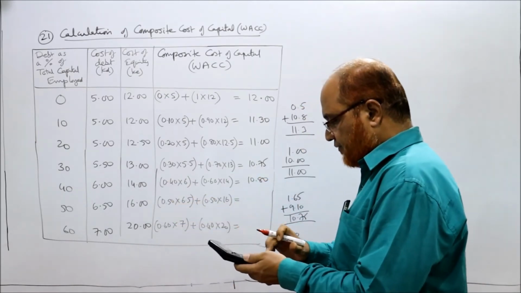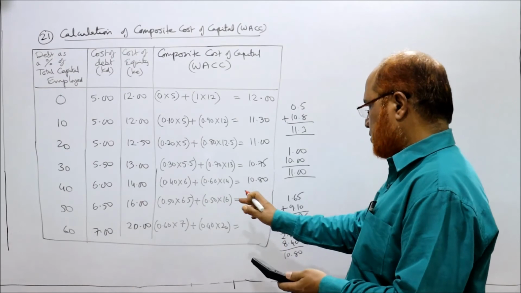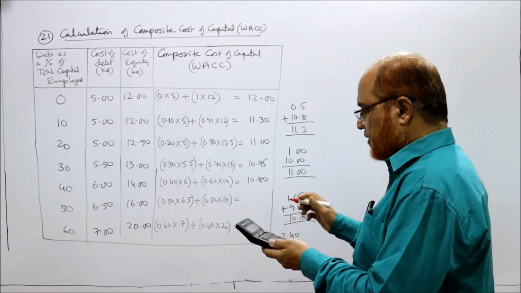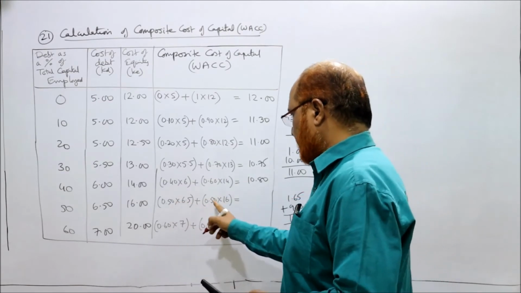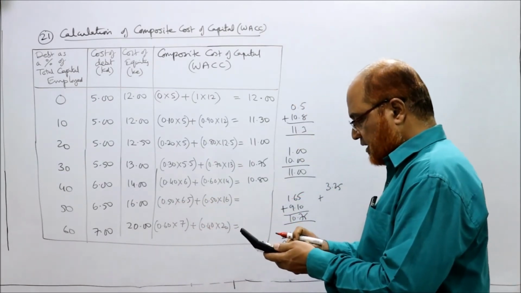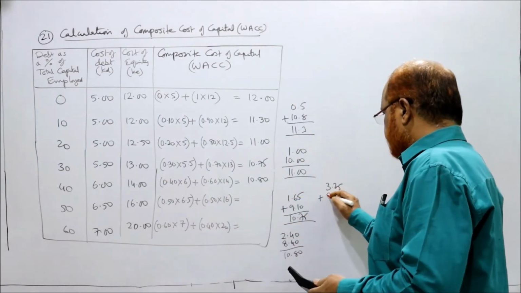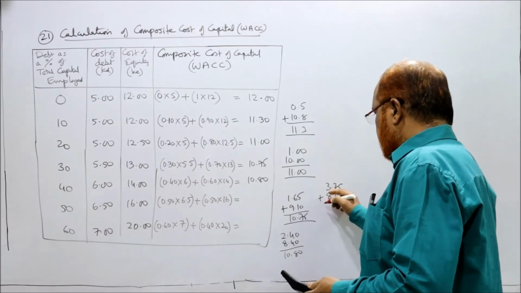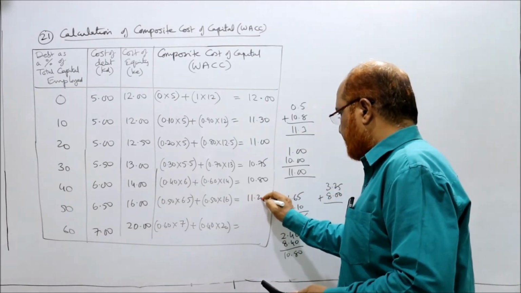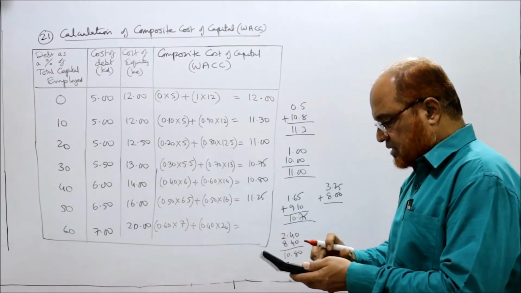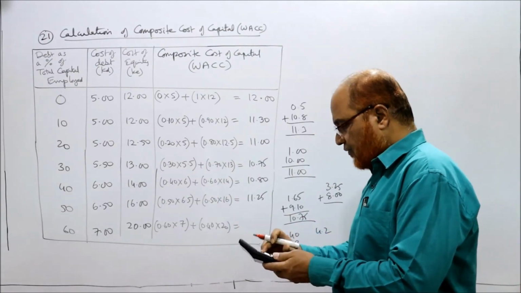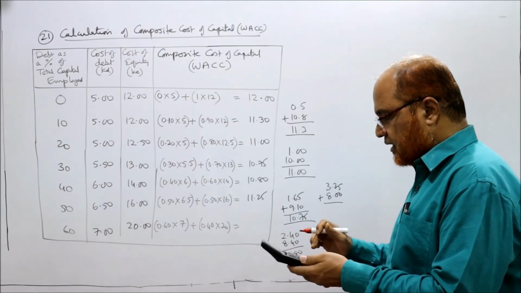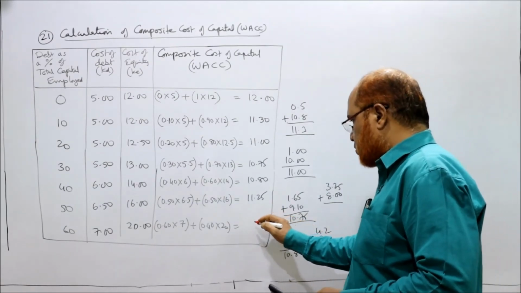Here 0.5 into 6.5, 3.25. 3.25 plus 0.5 into 16, which is 8, gives 11.25. Last one, 0.6 into 7, 4.2, plus 0.4 into 20, that is 8, 12.2.